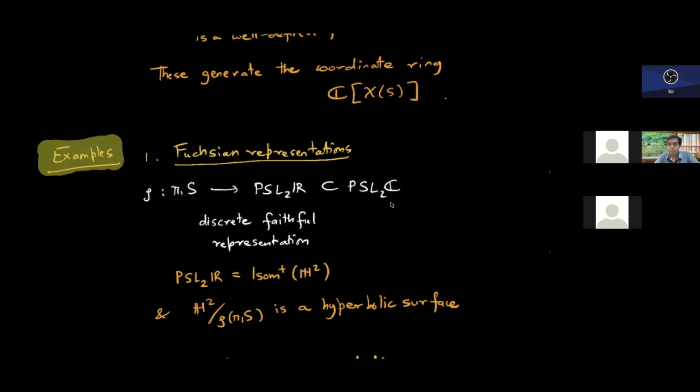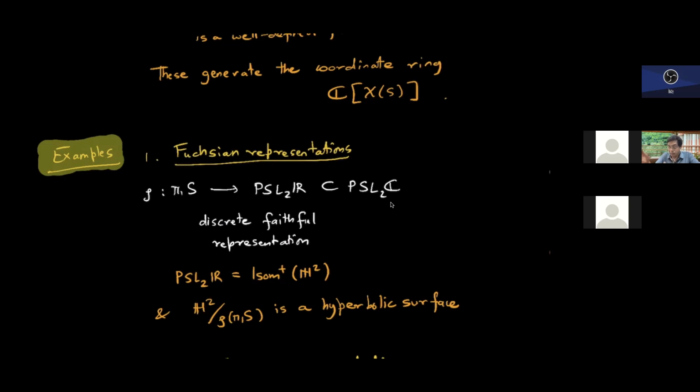Discrete just means that the image is discrete, and faithful means that the homomorphism is injective. Okay, and so here the connection with geometry comes about because PSL2R is also the group of orientation preserving isometries of the hyperbolic plane H2, right? And so the quotient by this discrete image actually gives you a hyperbolic surface.